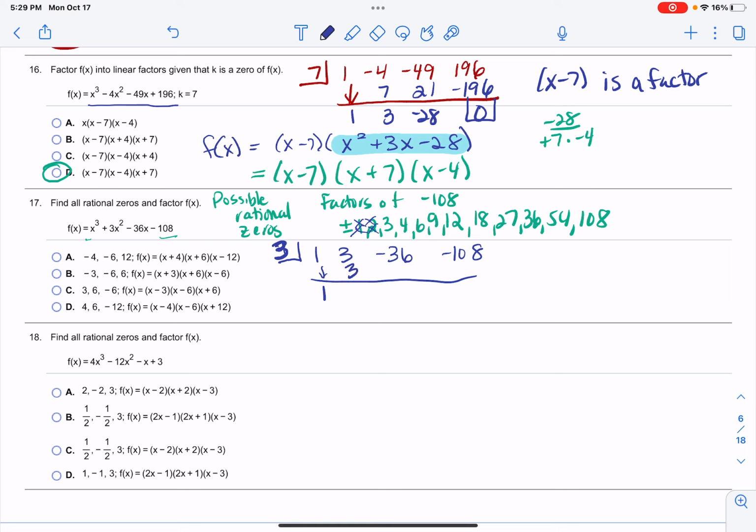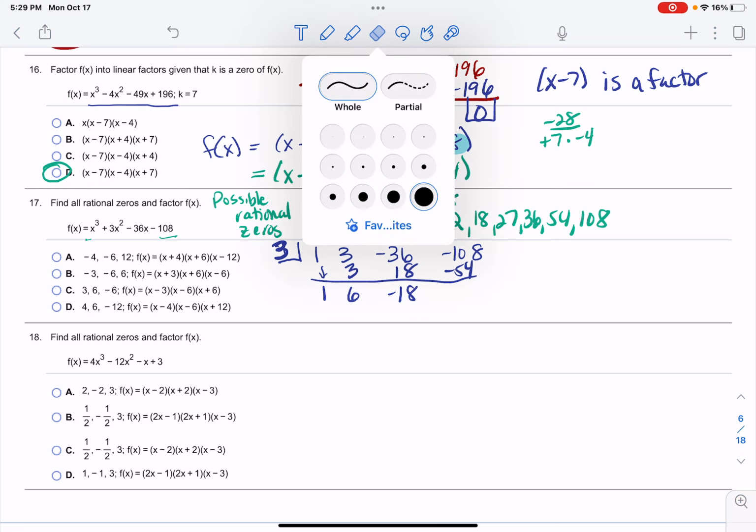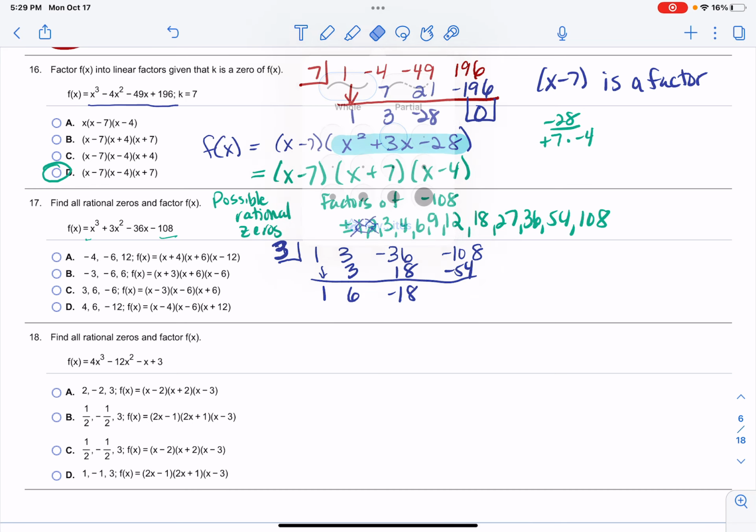Get 3, 6, 18, negative 18, and minus 3, that's negative 54. Okay, so we can eliminate positive 3 as a possible rational zero. So I'm going to go back and try -3.